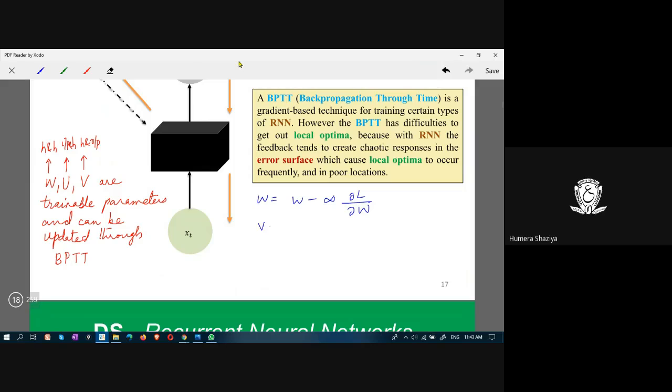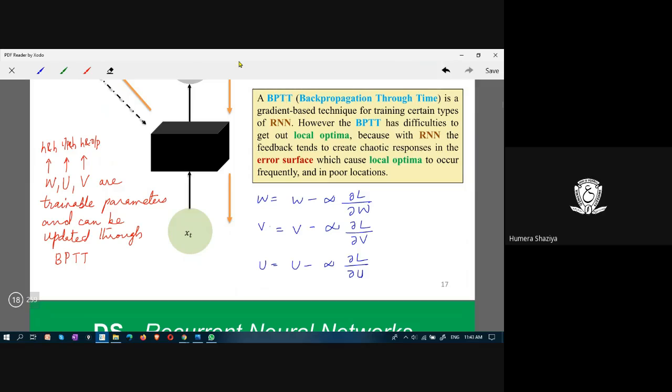Then V is equal to V minus alpha times the derivative of loss with respect to V. And for U also the same. So by using these three formulas, W, V and U are updated.